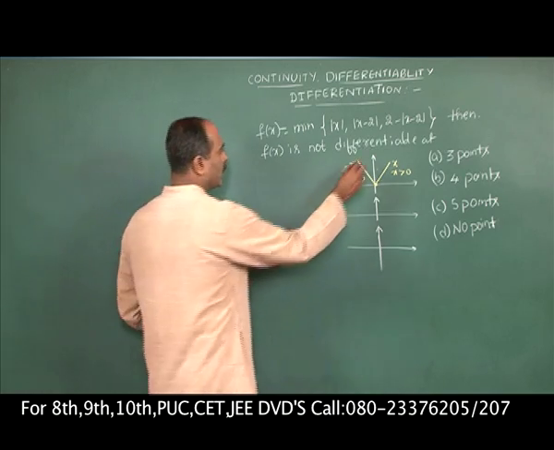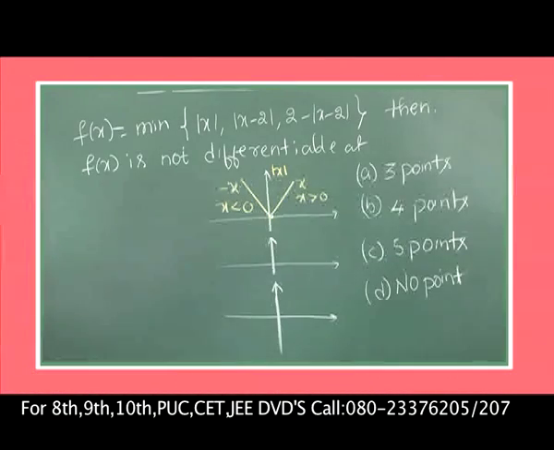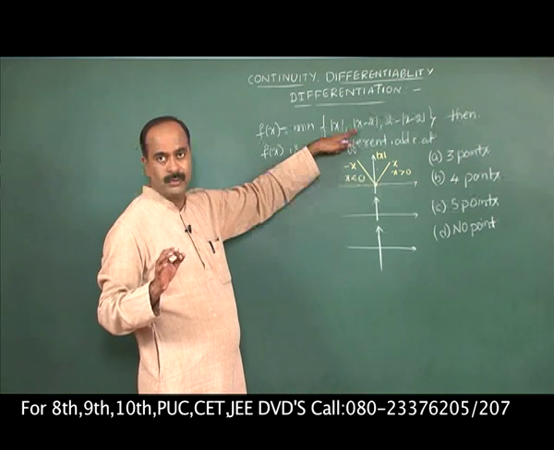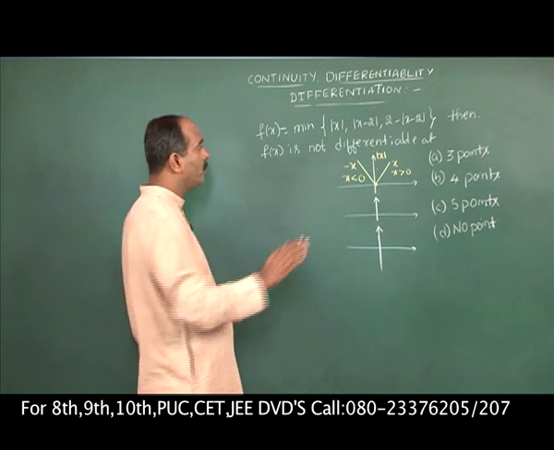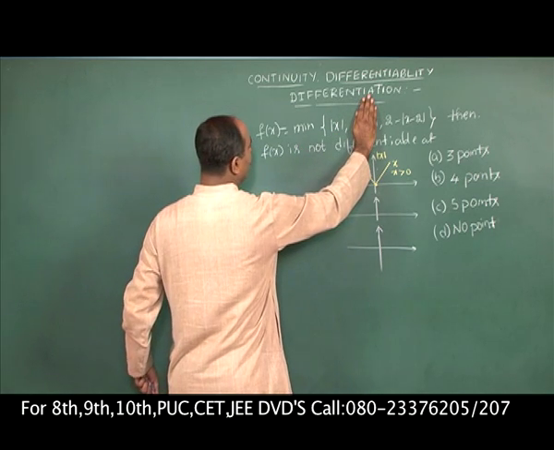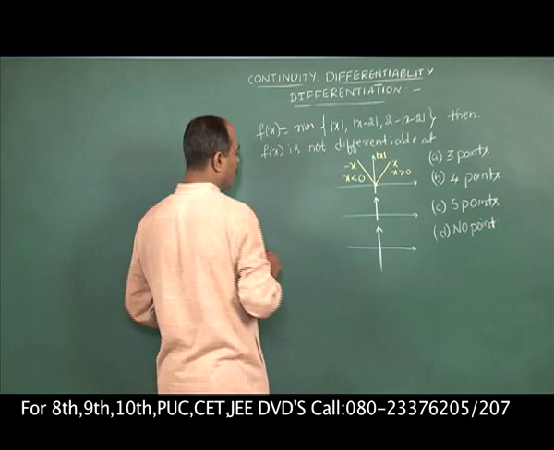Of course, this graph is mod x. The second graph is mod of x minus 2. Mod of x minus 2 has got the vertex at 2, 0. How to find out the vertex? Whatever is inside the modulus, equate that to 0.